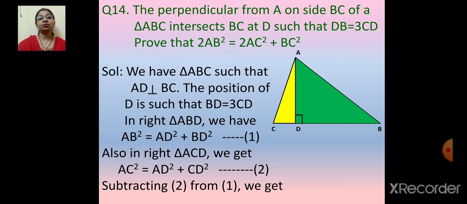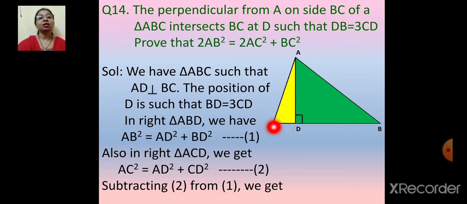Given, we have triangle ABC such that AD is perpendicular to BC and the position of point D is such that BD is equal to 3 times CD. In right triangle ABD, green in color, by Pythagoras theorem AB square is equal to AD square plus BD square. Give this as equation number 1.